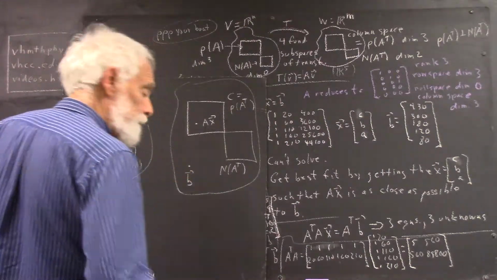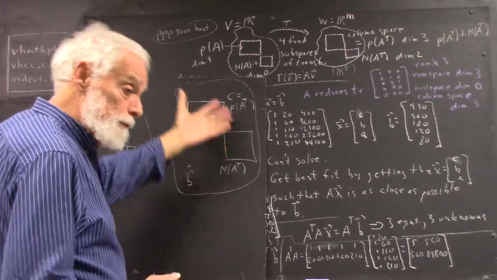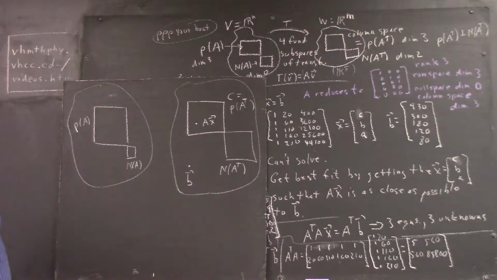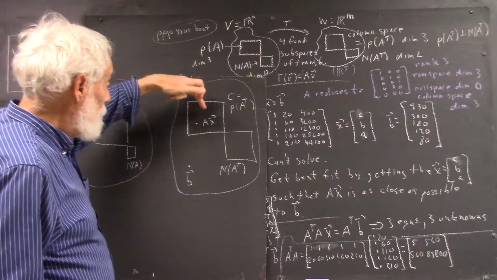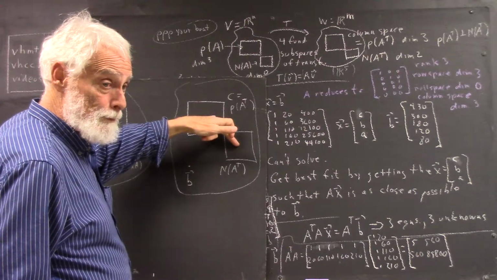There is a property of vector spaces relative to matrices that says that any vector in the whole space is a unique sum of something from the row space and something from the null space.